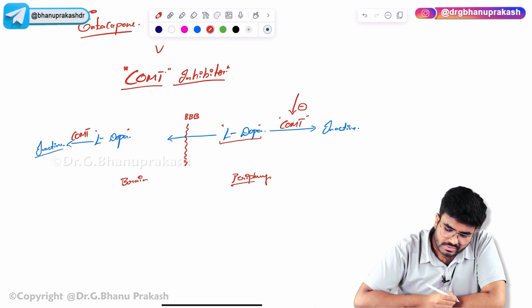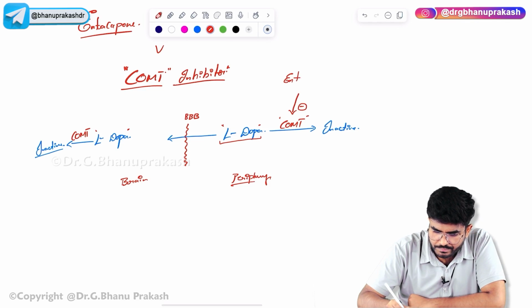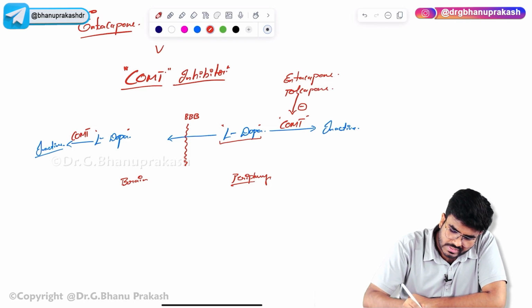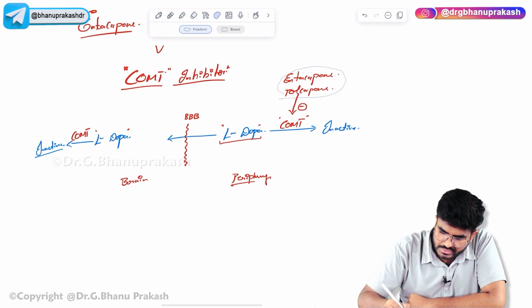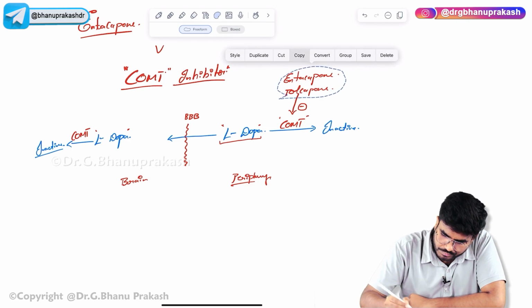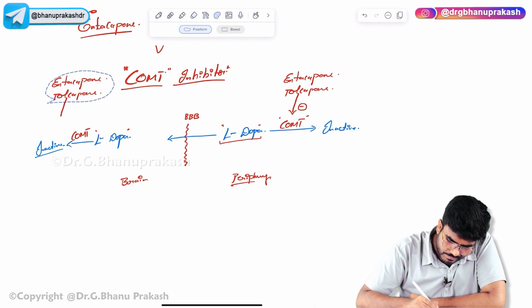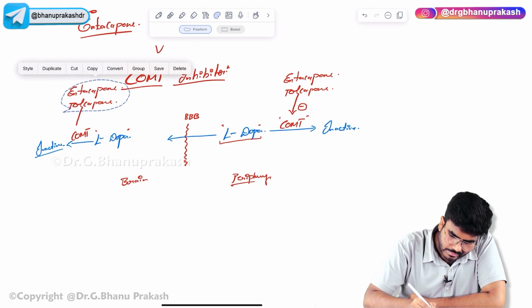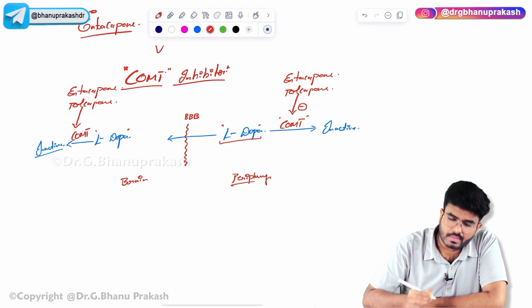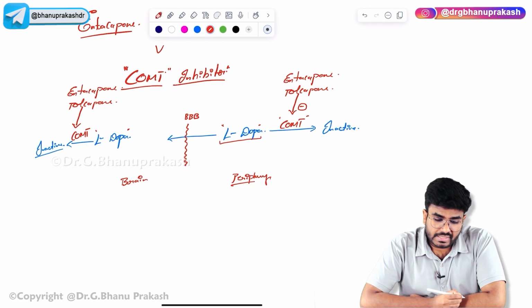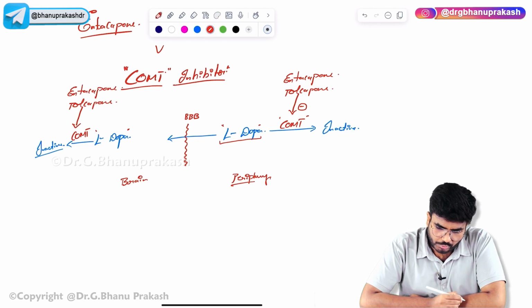Who is going to inhibit the COMT? Entacapone and tolcapone. These drugs will inhibit the COMT. But the one point which I want you to know is about tolcapone.